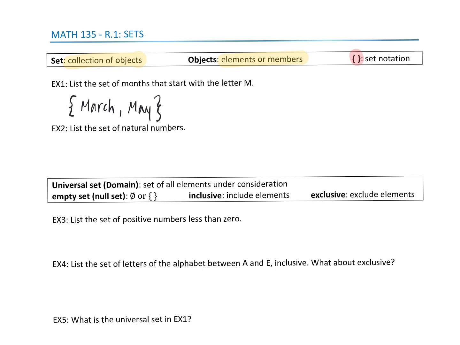Now, example 2, list the set of natural numbers. Okay, what are natural numbers? If you think about when a child starts to count, when they're 3 or 4 years old or older, do they start at 0? No, usually kids are counting out there's 1 cat, 2 cats, or there's 3 books, and so on. So kids usually start with 1.